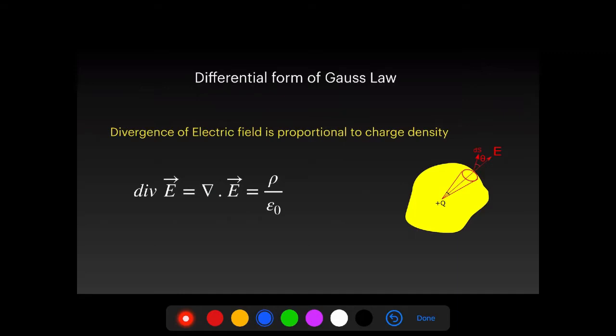We have many things with vectors, like curl and divergence. Divergence of a vector gives a scalar quantity, so we have to remember that the divergence of a vector is a scalar quantity.